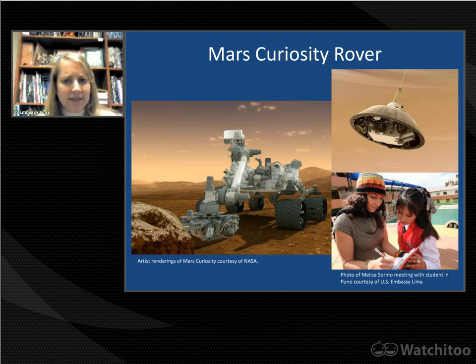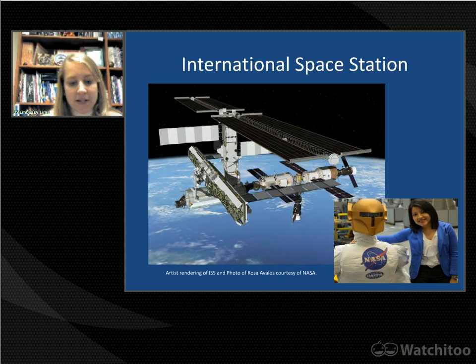What do they think it is? It would be really interesting to hear what your students think, or to use their imagination, because they created an ingenious mechanism to land this rover onto the surface of Mars. So it's pretty exciting. And there's Melissa, talking with a young student in Puno when she was visiting there last week.